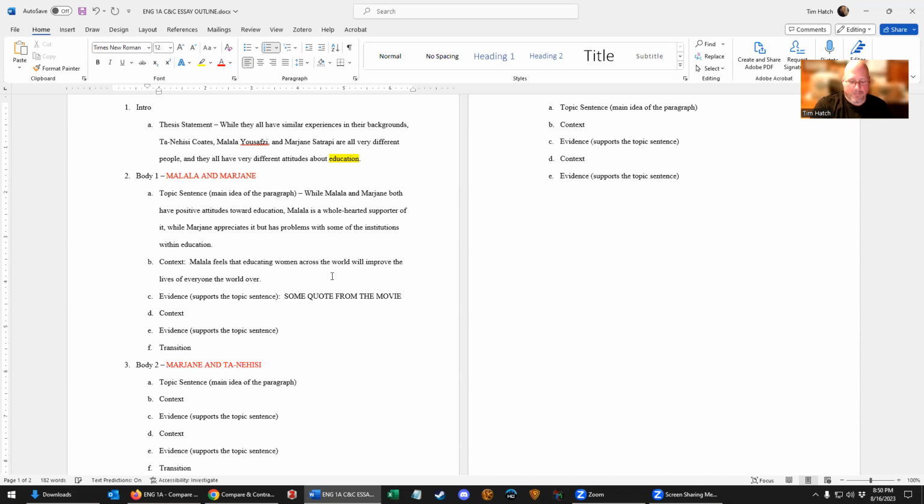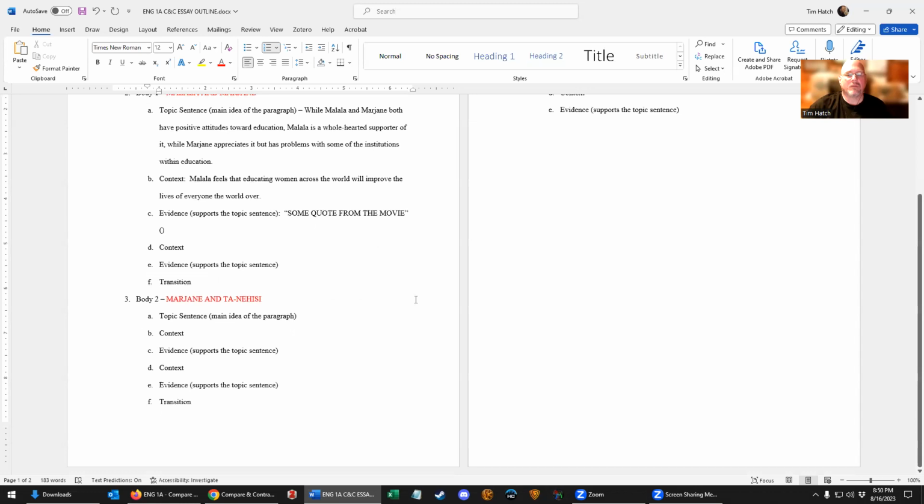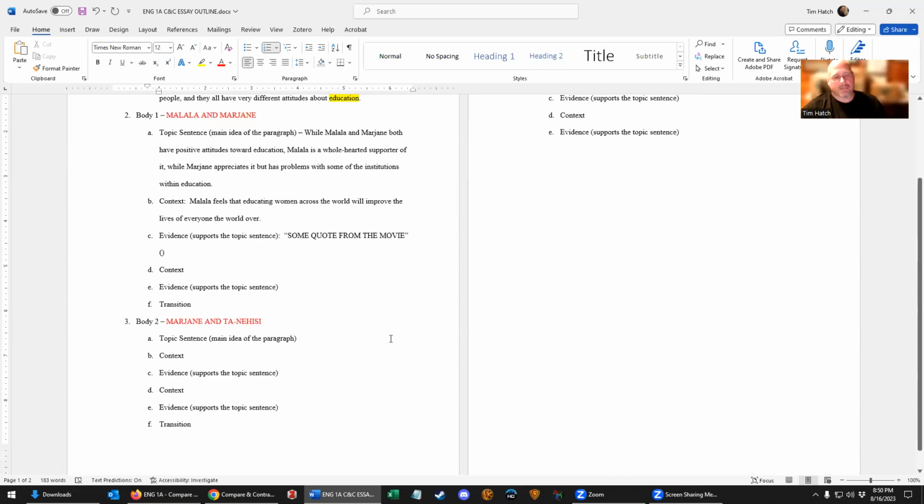And then you need to paraphrase, or you need to cite your evidence here. So how do you cite a movie? The truth is, I'm going to let you look this up on the Purdue OWL. But however you have it listed in the works cited page, there are two ways to list a movie.